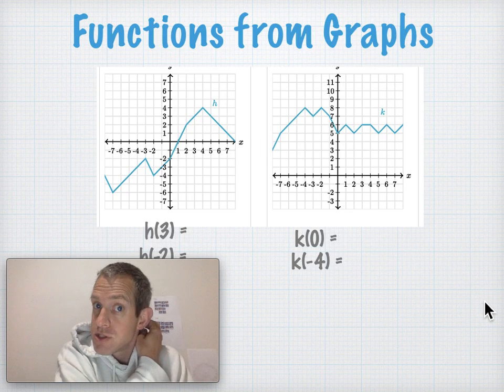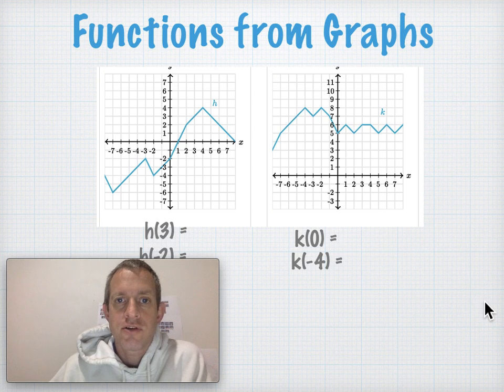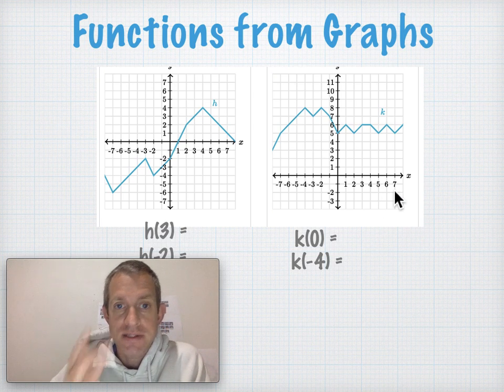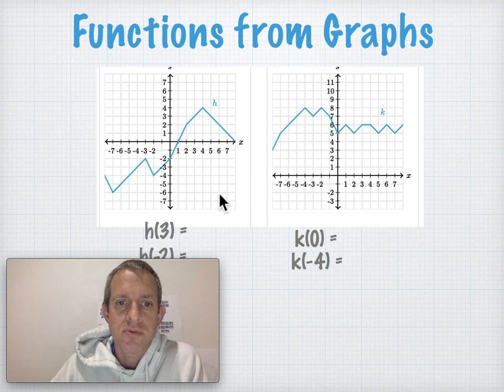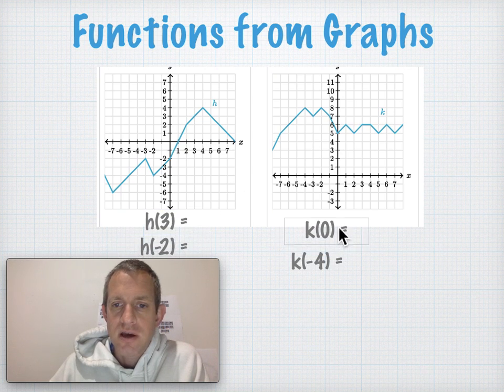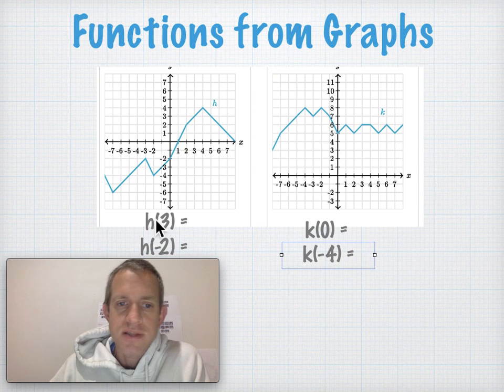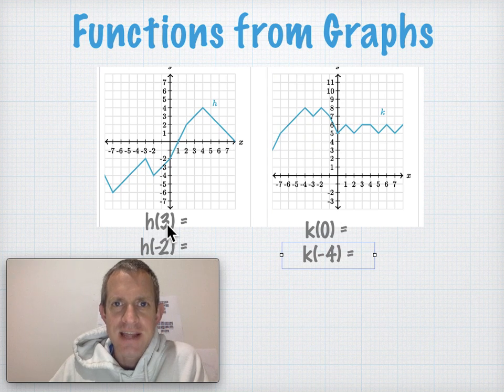Now, another thing that you can do with functions is you can either graph them or you can look at a graph to evaluate them. In this particular exercise, we'll be looking at a graph and trying to evaluate things. What you'll need to know is that the input to the function is what's in parentheses there, and you should think of that as an x coordinate, and the output is the y coordinate.